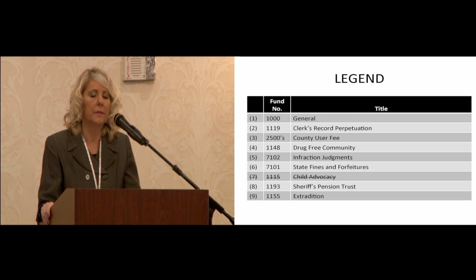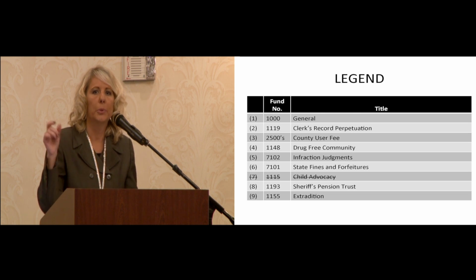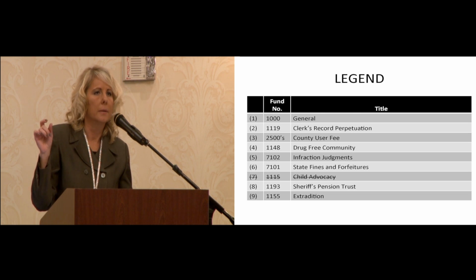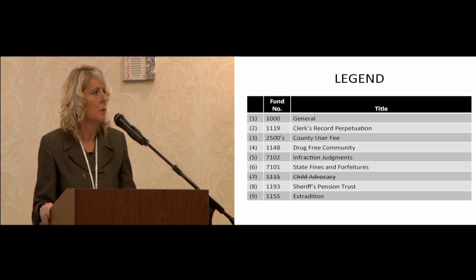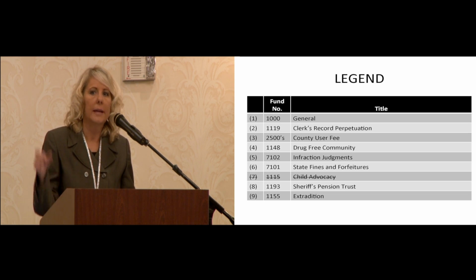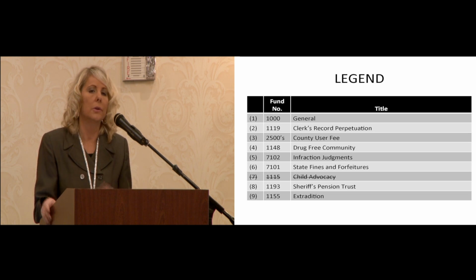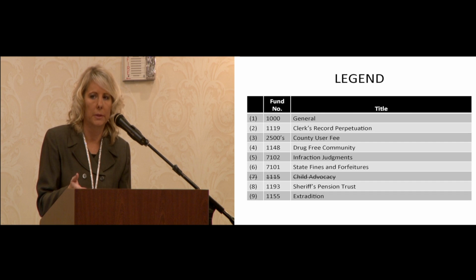If you want them to just say Fund 1000, you can give them an actual program code and a receipt account code that tells them how to equate that in. That could go on the report of collections, or they could just be telling you general fund and you know it comes from the clerk and you put it there.